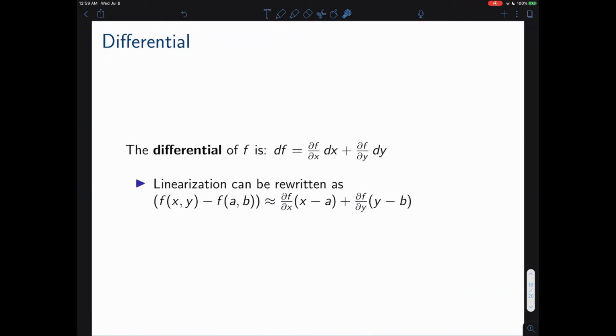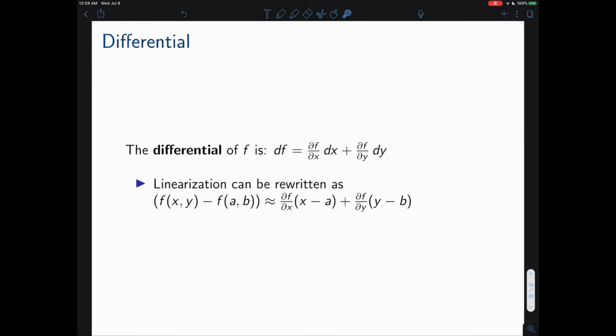The last topic in this section is about differentials, the differential of a function. The differential of a function is this expression that's written here. df is partial f partial x times dx plus partial f partial y times dy. And we'll see some examples in a second.